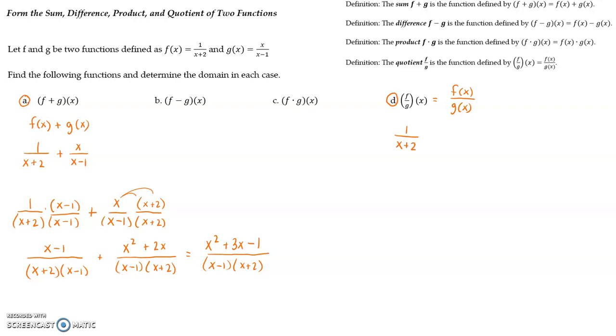Remember, I can write this division of functions with a fraction bar, or I can write it as f of x divided by g of x. Since I'm working with fractions here, I'm going to write this with a division sign. And my function for g of x is x over x minus 1.